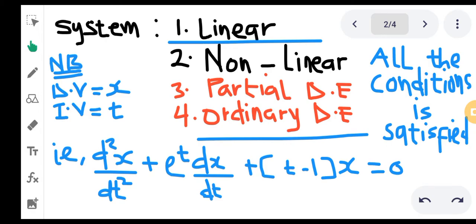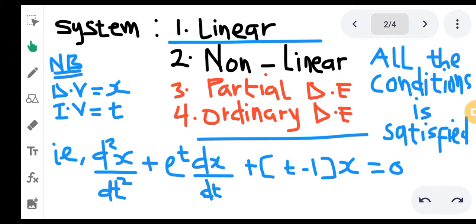For our level, we are only interested in the linear and the ordinary differential equations. We won't bother ourselves with the partial and the non-linear ones.